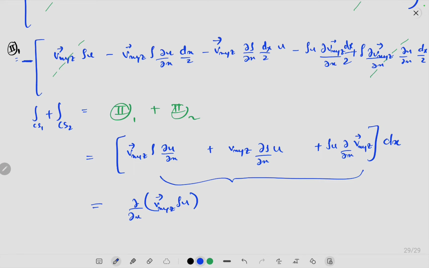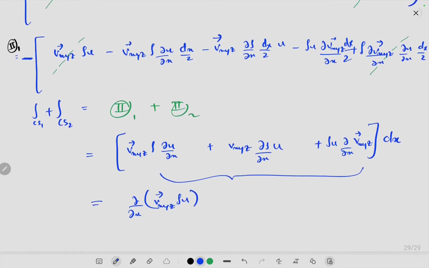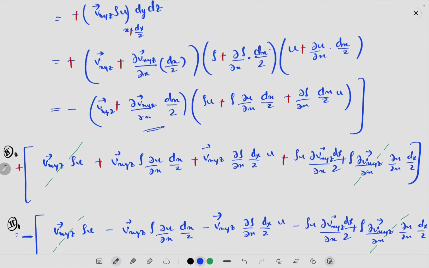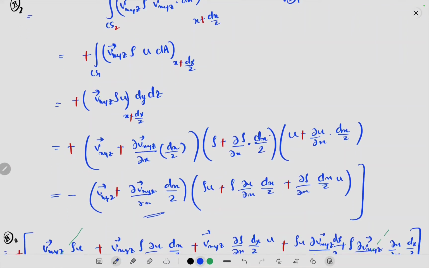Using chain rule, you can see that this can be written in a more compact way like this. Okay, I have made a mistake here: there should be dy dz also.